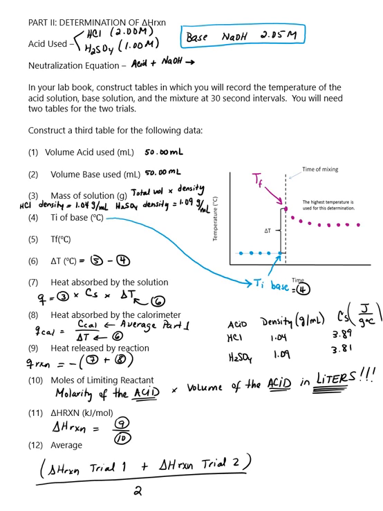Now, this part is where you're calculating the actual change in enthalpy for a neutralization reaction. So everyone was using sodium hydroxide as the base, and you have a concentration for that one that is 2.05. Now, the acid might be different.